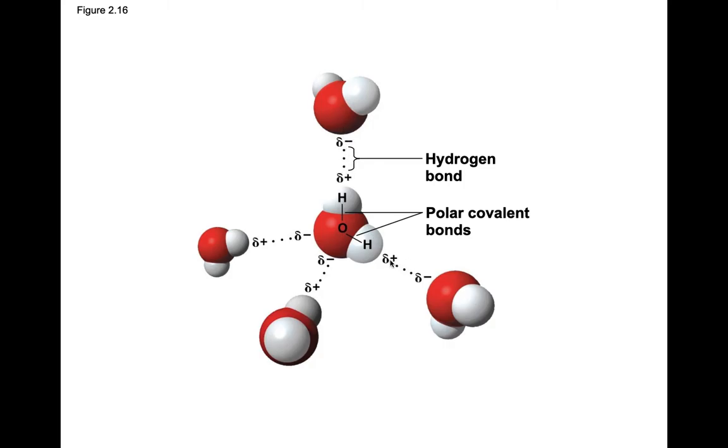But these partially positive and partially negative interactions are quite a bit stronger than what we would find in nonpolar bonds, such as an oil or a lipid. So these bonds are strong, and they're keeping these molecules together. Not in a chemical sense of molecules forming, but in the sense that they're going to want to interact with each other far more than if they didn't have those charges.